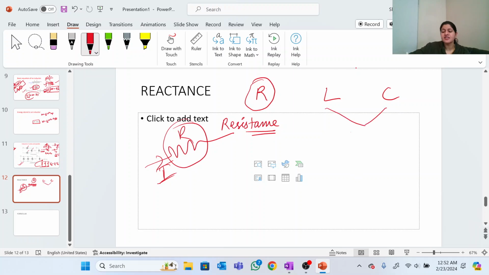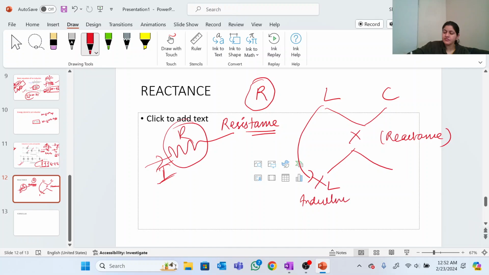In these cases, there's a term known as reactance. This is XL in case of the inductor, known as inductive reactance, and this is XC, known as capacitive reactance.